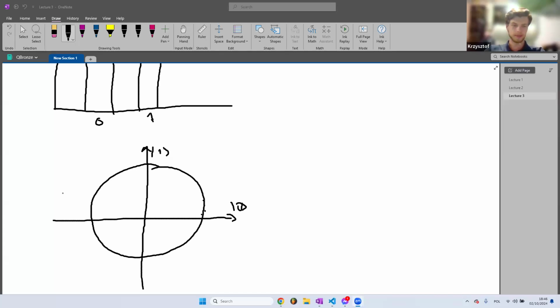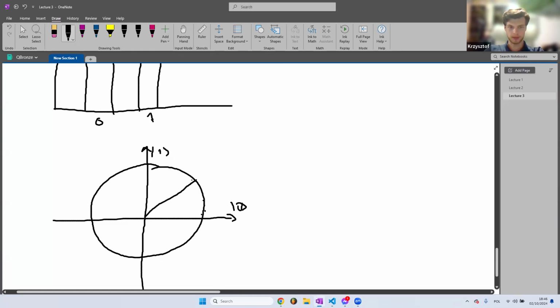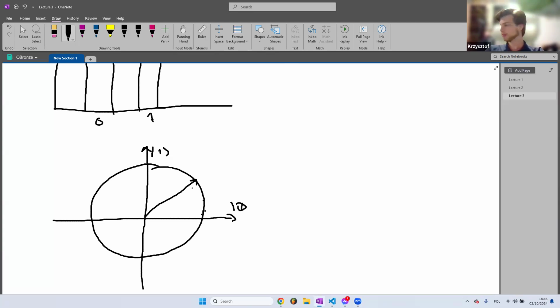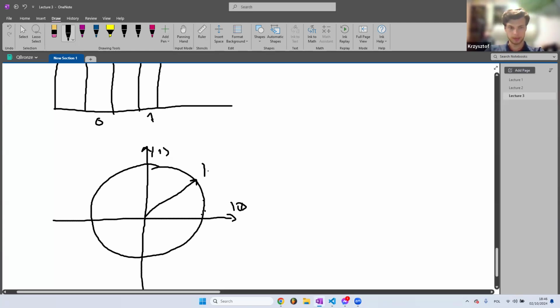Pi over 4. Thank you, Marek, for the comment. You're right. But it's not the only answer. Can you think of another answer? So as we said before, this pi over 4 is the plus state, which is 1 over square root of 2, 1 over square root of 2. The probability of measuring 1 is this value squared.